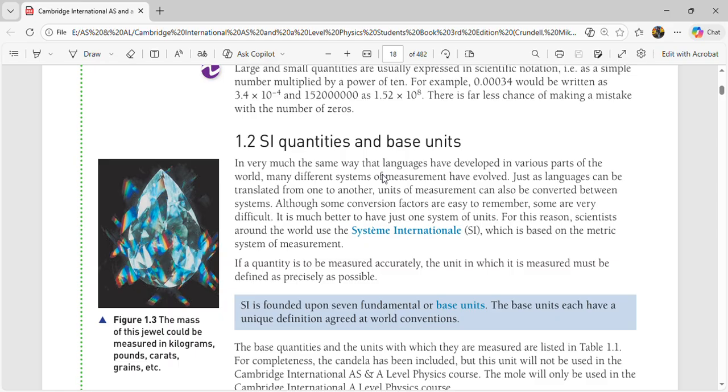Time is a base quantity already. Velocity is a derived quantity that is expressed as displacement over time. Or basically, speed is also a derived quantity, which is total distance over total time taken. So we dig down, we simplify derived quantities up to only quotients and products of what? Of base quantities.